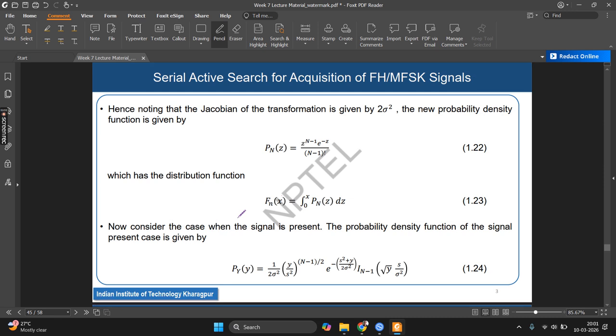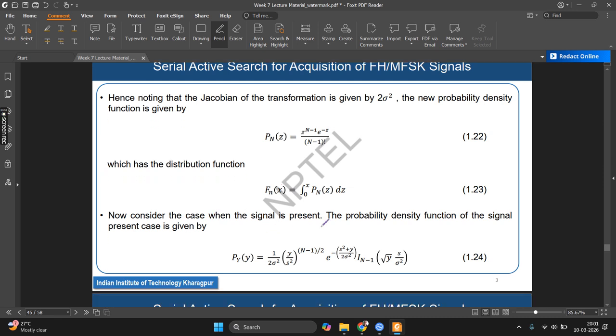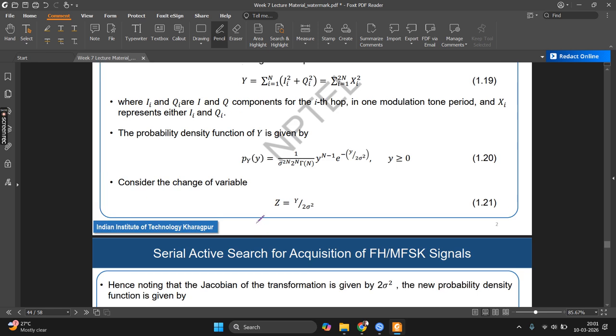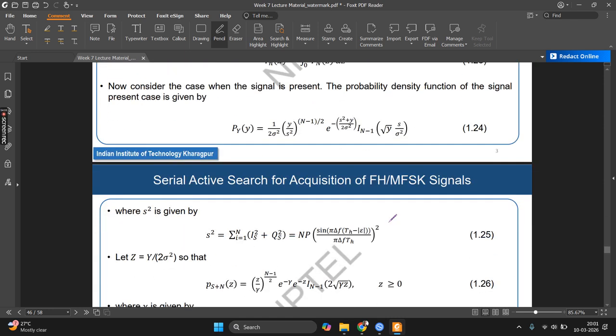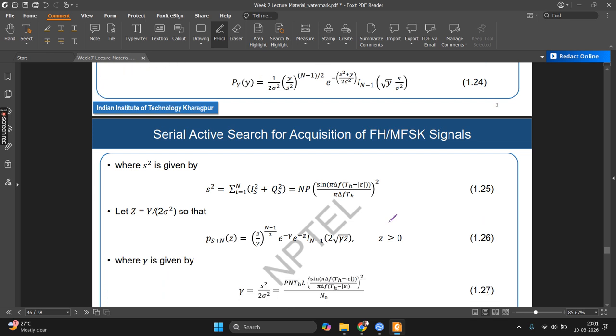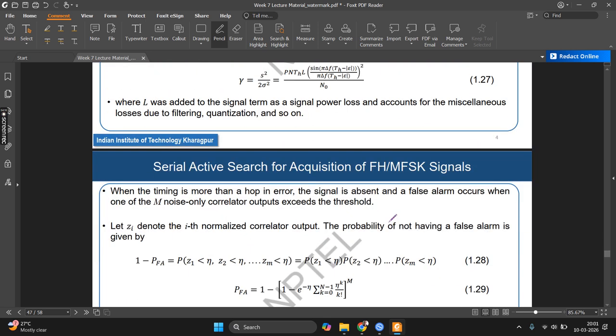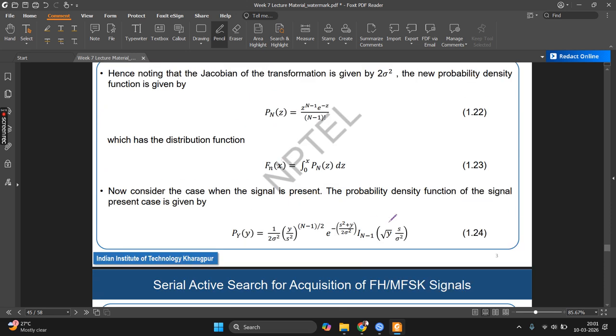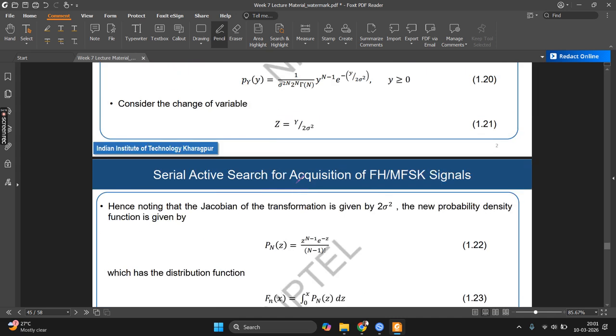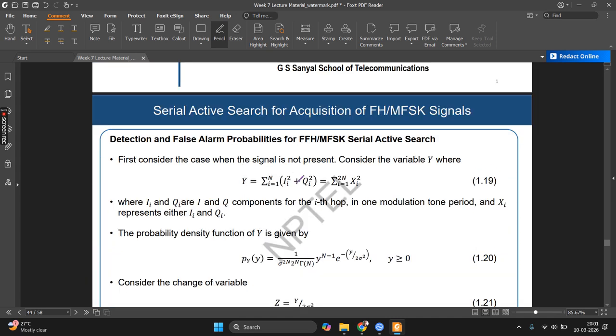Now consider the case when the signal is present. Okay, first you take signal is absent. Sorry, that is what was missing.